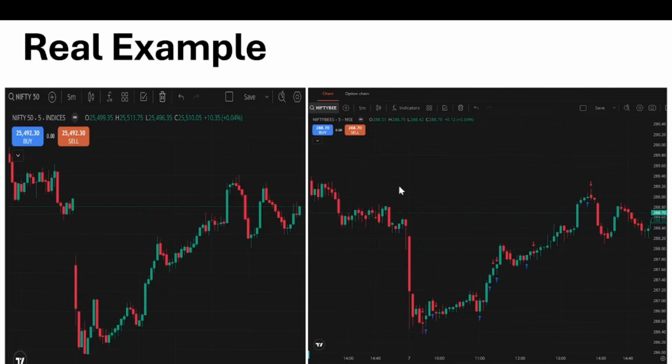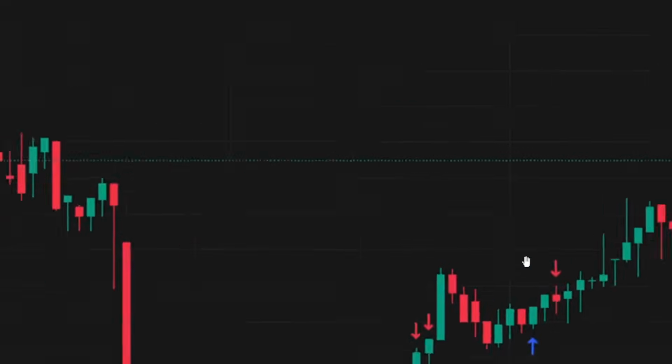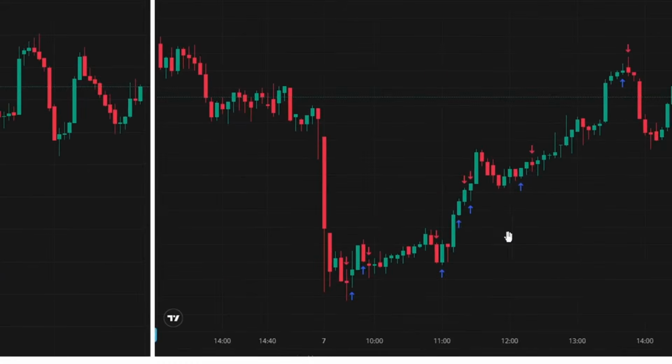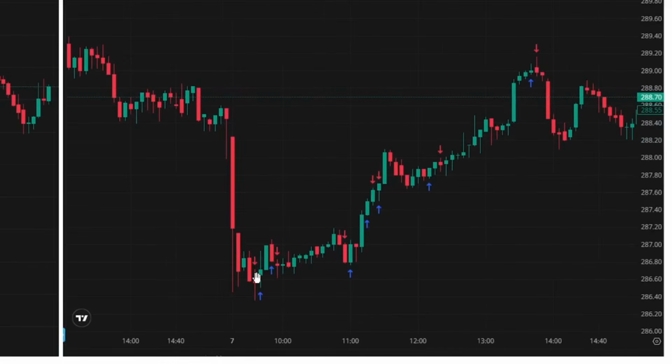So this is yesterday's chart of Nifty 50 on the left side, and on the right side NiftyBEES, you can see the same chart. You can also see the trades I have taken. Let me zoom in. So I took some scalps: around 9:30 I took 2 scalps, around 11 one scalp, between 11 and 11:30 I took 2 more scalps, around 12:30 I took 1 more scalp, and at 1:30 I took 1 more scalp.